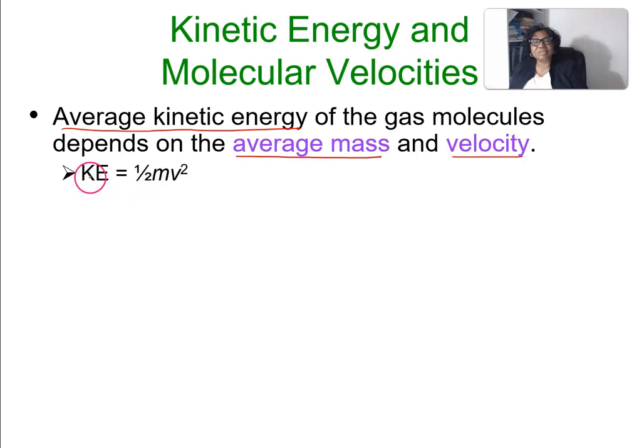And the equation is KE, which is average kinetic energy, equals 1/2 mass times velocity squared. So m equals mass, v equals velocity, and KE equals kinetic energy.